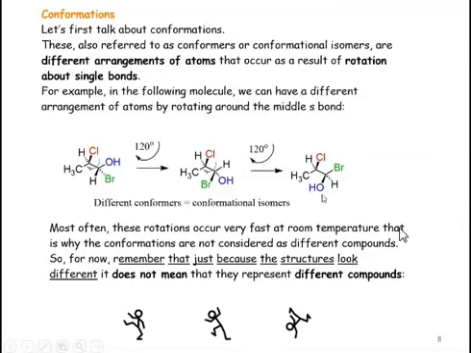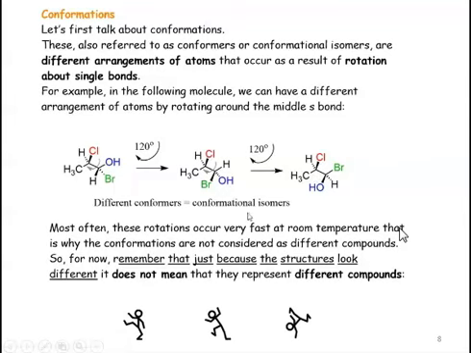Here OH is pointing towards the observer, Br lies on the plane of the paper, whereas H is away from the observer. That is, OH is facing up, H is facing down, and Br is on the paper. Here, Cl is up, hydrogen is below the plane of the paper, and CH3 is on the plane of the paper.